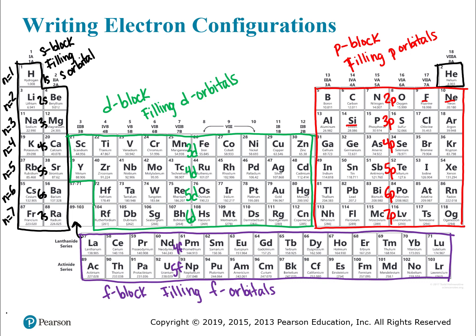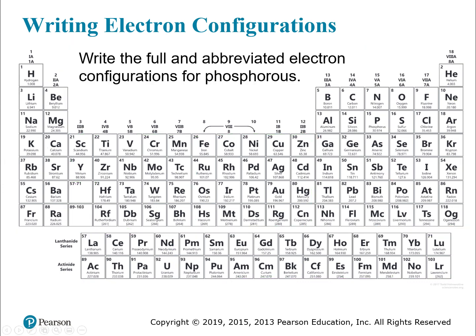Okay. So I said that we can write electron configurations to show where the electrons are in an atom. Let's walk through that. I'm going to walk you through how to do that for phosphorus. I'm just going to quickly jot down the different levels that we're going to need.